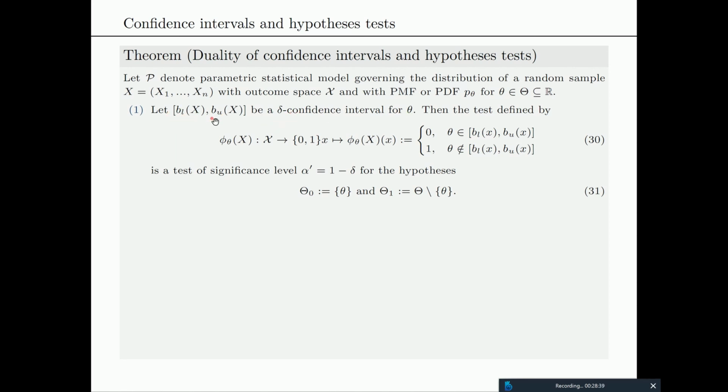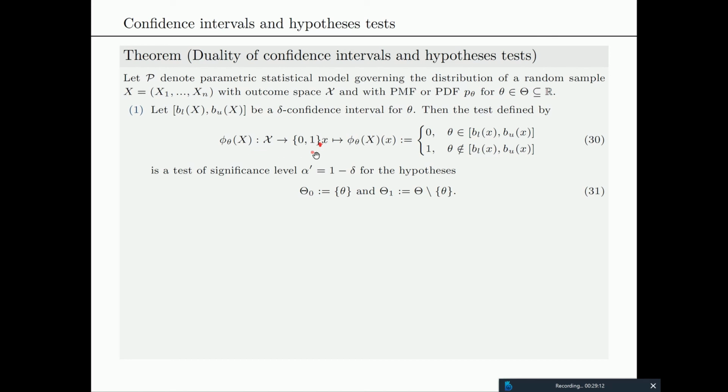So we have this lower bound and this upper bound, and we assume that this confidence interval has this coverage probability of delta for the true but unknown value. Then what we can do is, based on this confidence interval, define a test. And this test we define as follows.